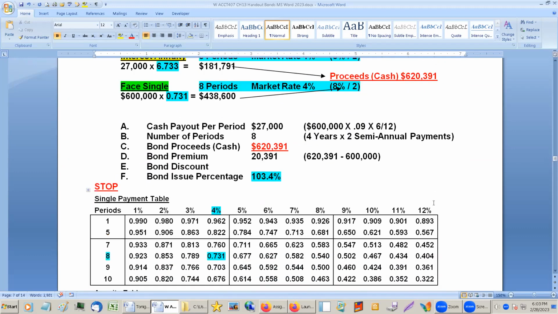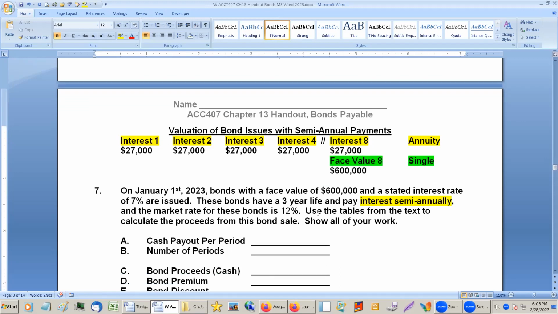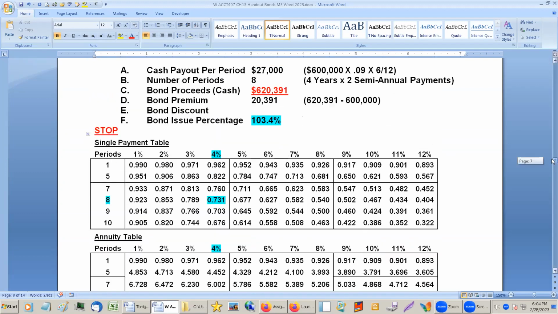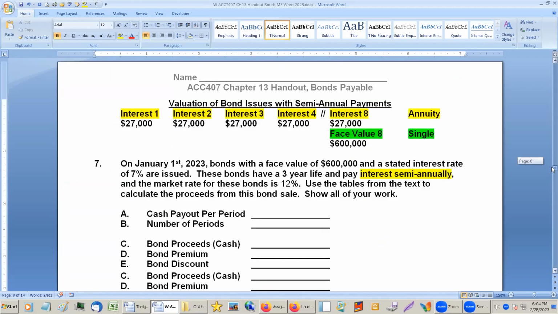No. The amount of the face value is the same. All right. I see how I did it. Okay.